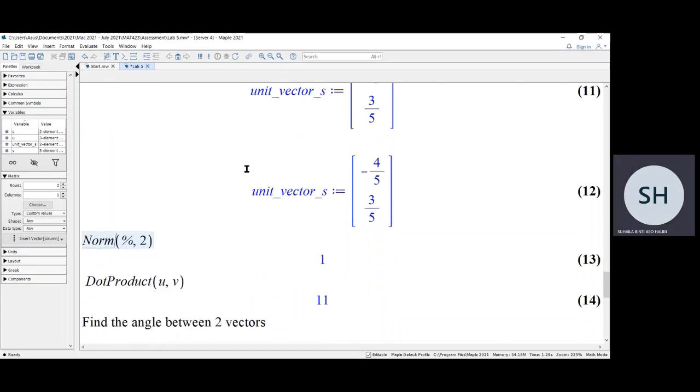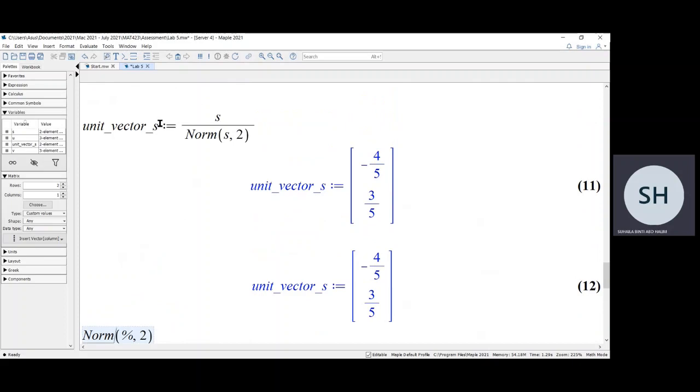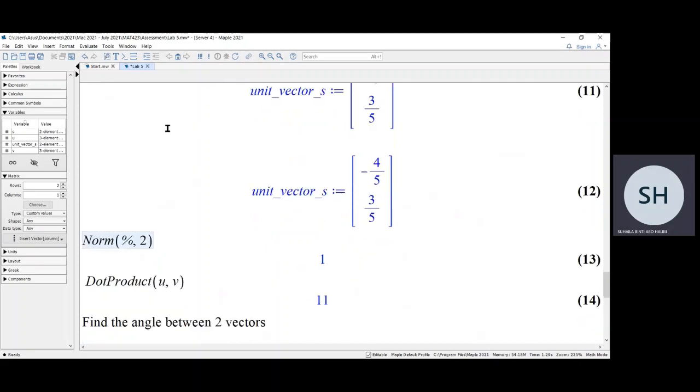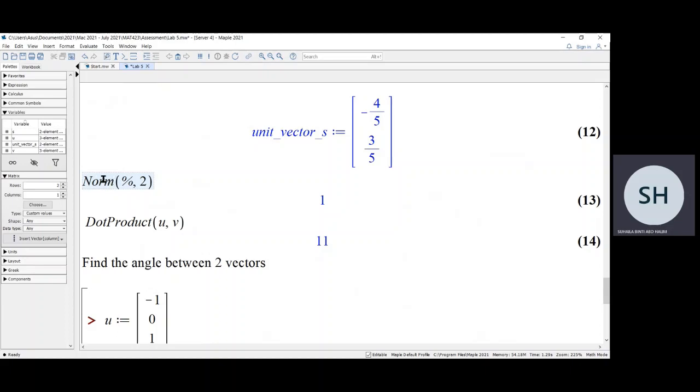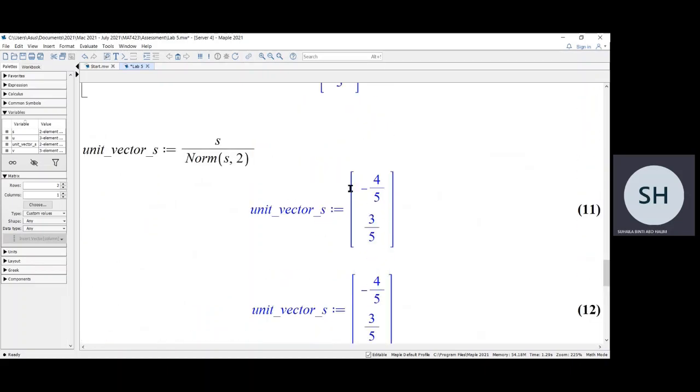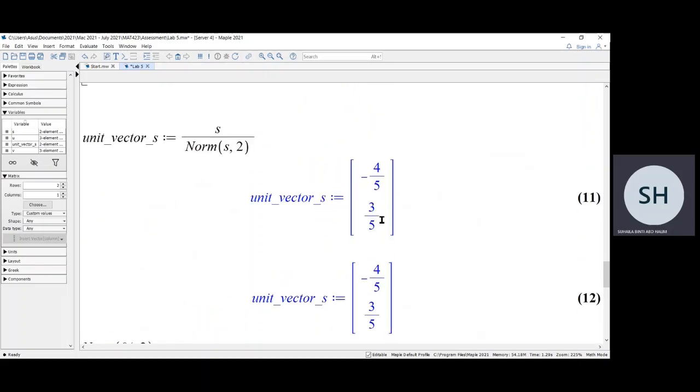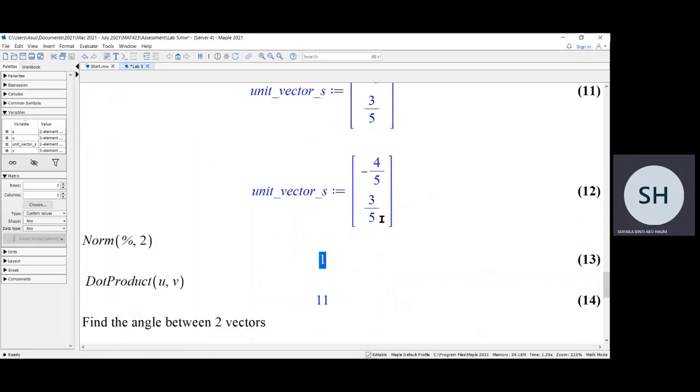We know that for a unit vector, the magnitude is 1, so we can check whether we get 1 or not. So this one, Norm, and then percent. I did mention in the class, we use percent in order to call the recent result. For this one, we can see that the result is 1, and it is clear that -4/5, 3/5 is a unit vector.